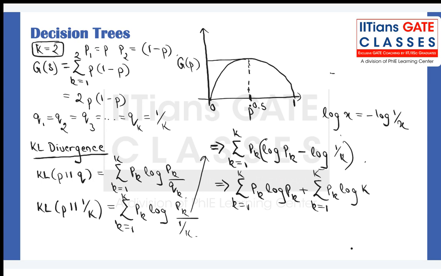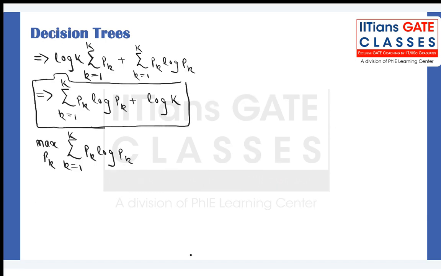If I want to compare the distribution P that I want to find with a distribution Q, which is 1 by K, I would want the difference to be maximum, because 1 by K is the sad thing to have in a split. You wouldn't want an even split across different classes. So I'm writing in red so you remember, this is something that we don't want. And my distribution P, compared with 1 by K, should be as different as possible. That's why I'm taking the max.